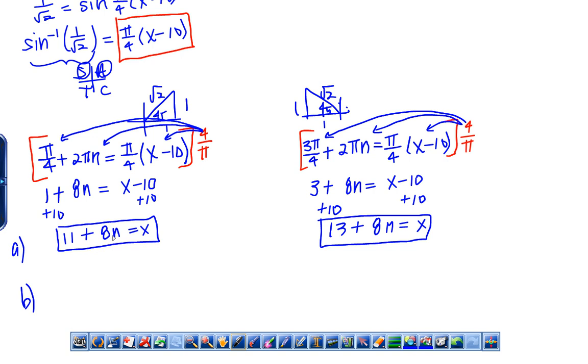A -1 plugged into this, I don't get a negative value. I get a 3, and if I plug in a -1 here, I get a 3 and a 5, and then if I plug in a 0 here, I get 11. So I plugged in values of -1 and values of 0.